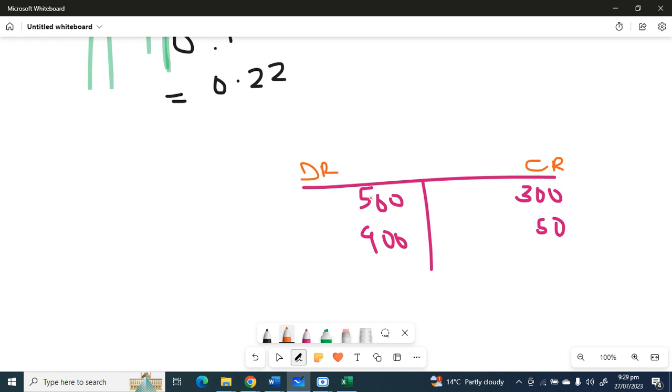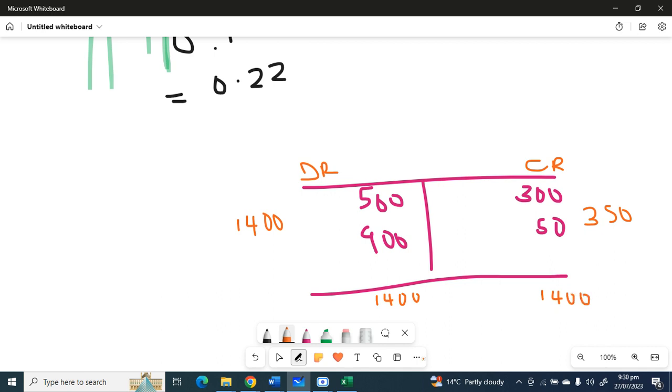So the debit side 500 plus 900, you get 1,400. 300 plus 50, you get 350. So once you've determined both amounts, the bigger amount is the one which you're going to put. So you put here 1,400, and then also here 1,400, right?